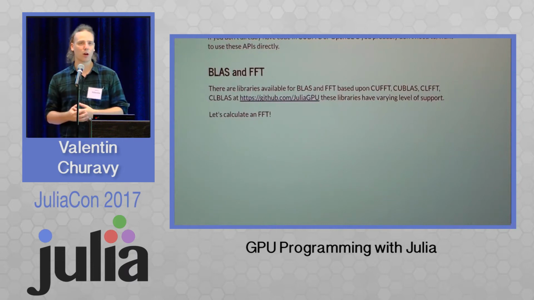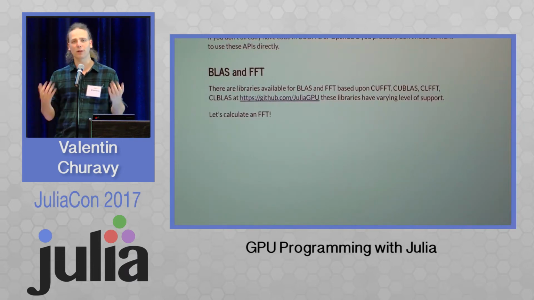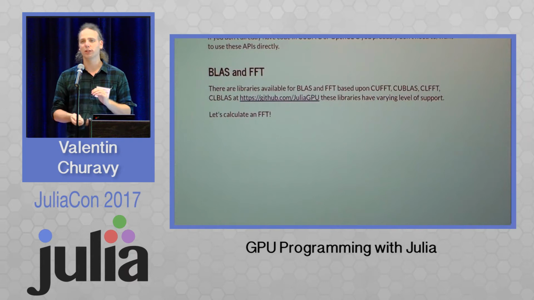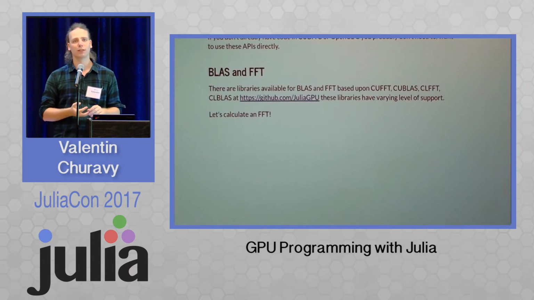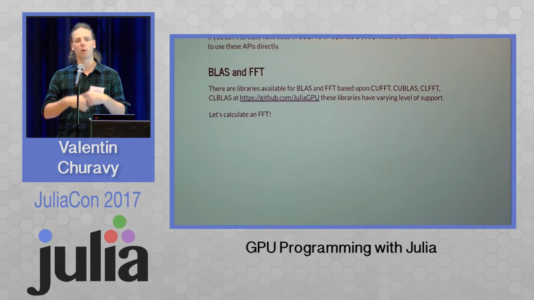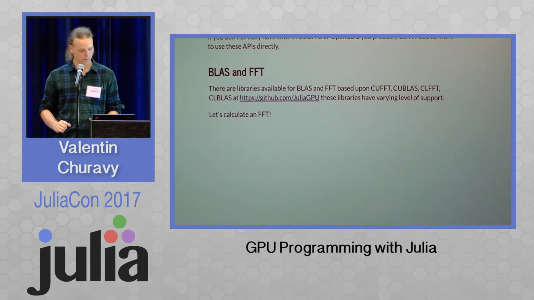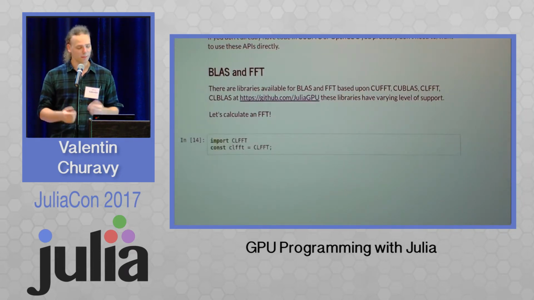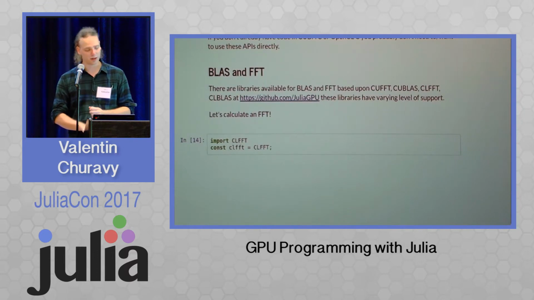If you don't want to write your own programs, there are a couple of libraries available, CUFFT, CLFFT, that will allow you to do most common operations directly. As an example here, let's calculate an FFT.